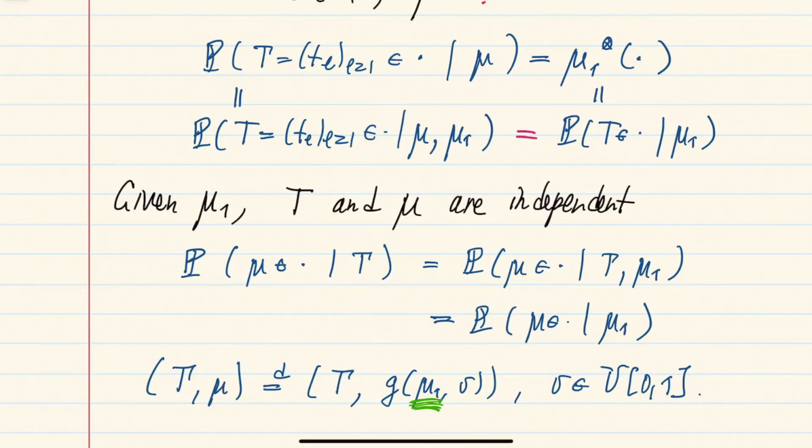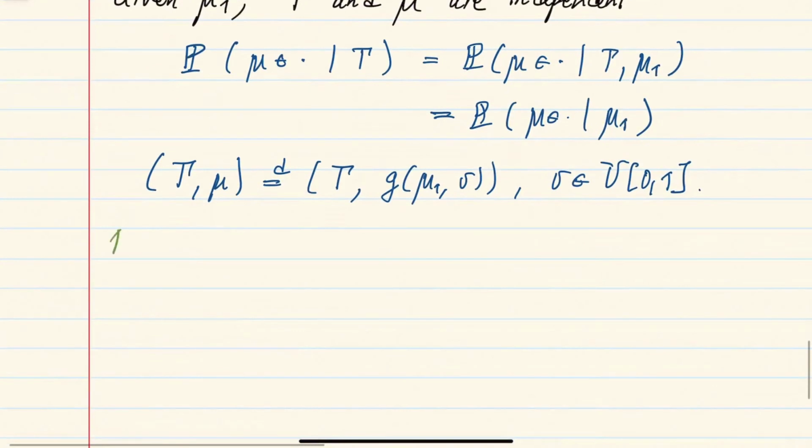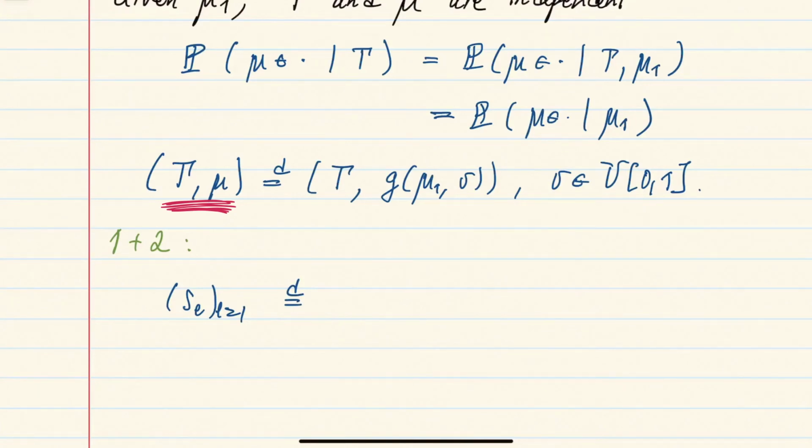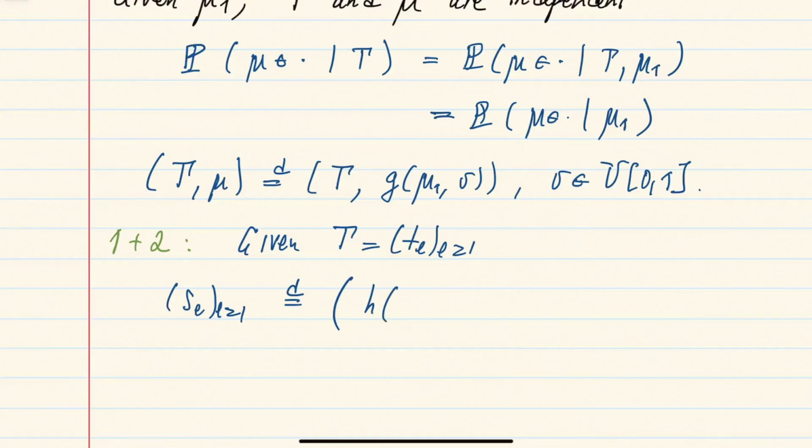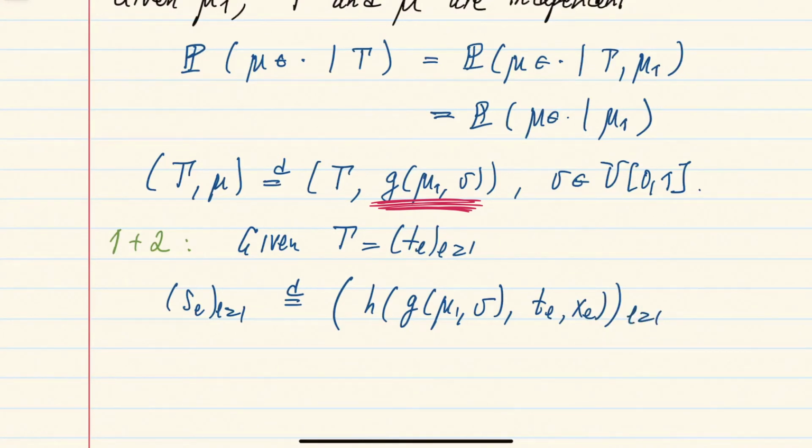Okay, and now if we just combine 1 and 2 together, so in the first step we describe conditional distribution of this sequence SL given the sequence t and the measure mu, but now we describe conditional distribution of mu given t, so we can conclude that given the sequence t, the distribution of the sequence S coincides with the distribution of some function of mu, which now can be encoded as g(mu1, v), and then (TL, XL), where random variables v and XL are IID uniform on 0, 1.